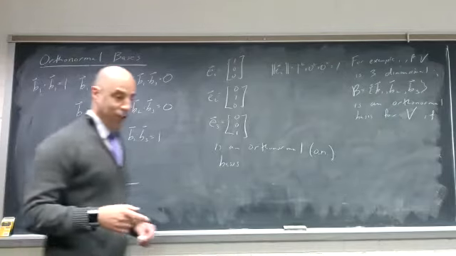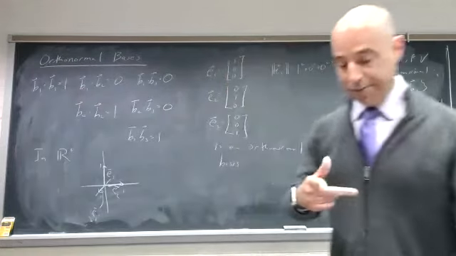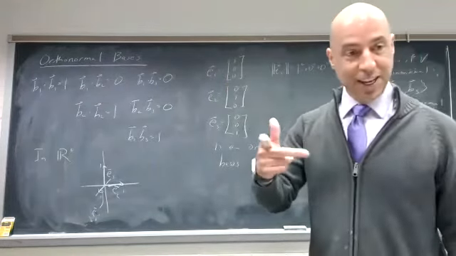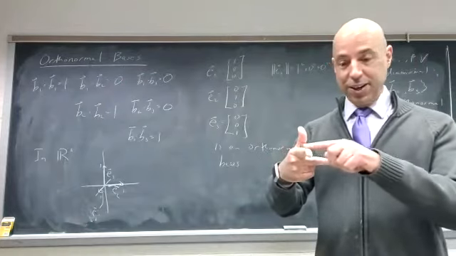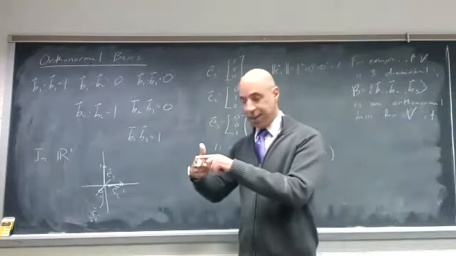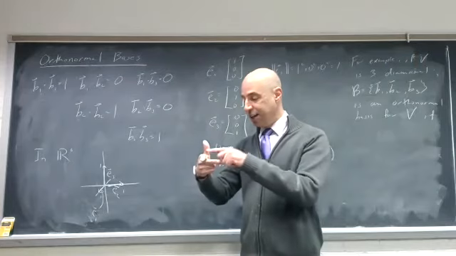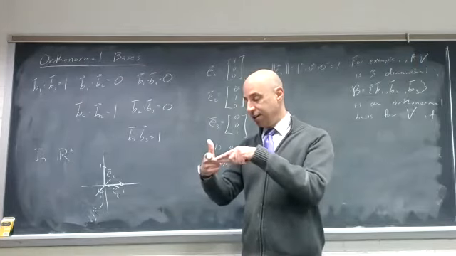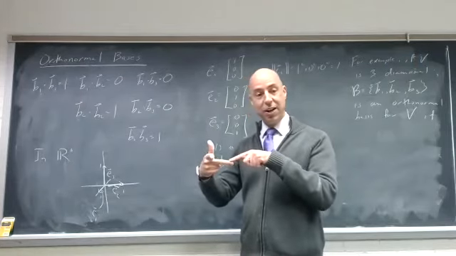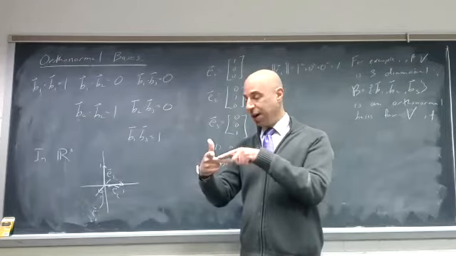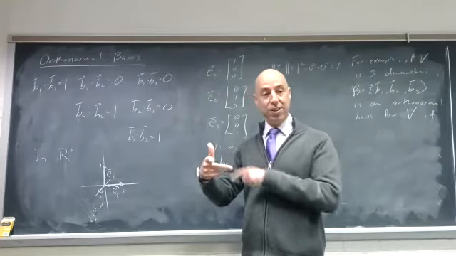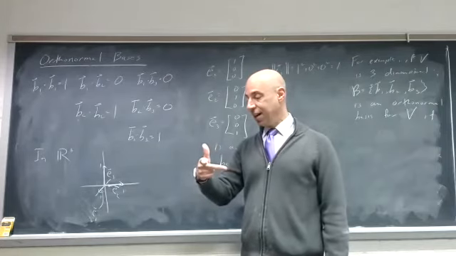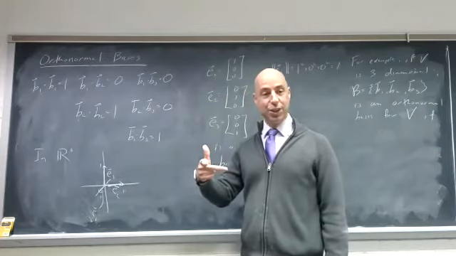So the usual orthonormal basis in R3, take your right hand, your index finger is pointing out of the blackboard, out of your page at you, that's E1. Your middle finger right here is pointing in the positive x2 direction, that's E2, and your thumb is pointing in the positive x3 direction, that's E3.